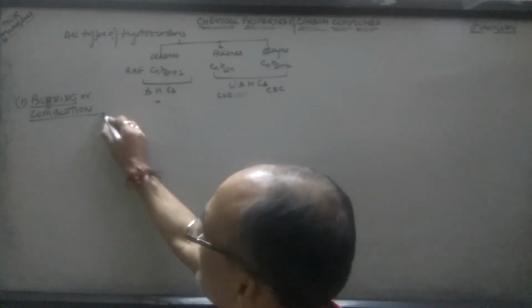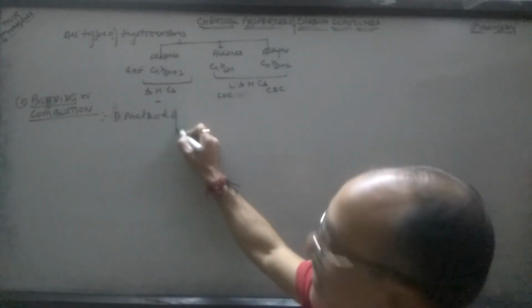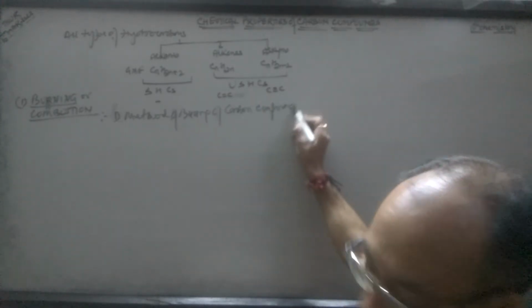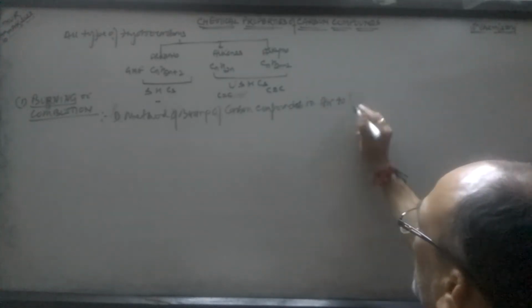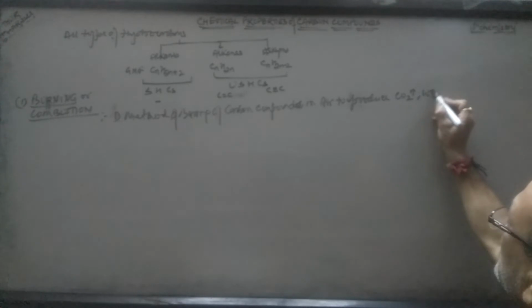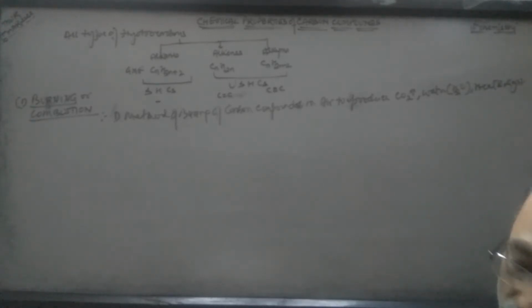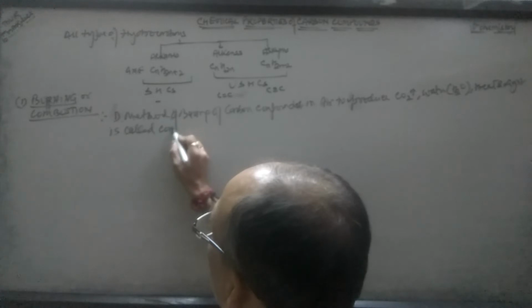It means the method or the process, whatever you write, of burning of carbon compounds in air to produce, or to give, whatever you say, that depends upon you, carbon dioxide gas with water, means H2O, and heat and light, is called, is known as burning, yeah, combustion, you can say that.